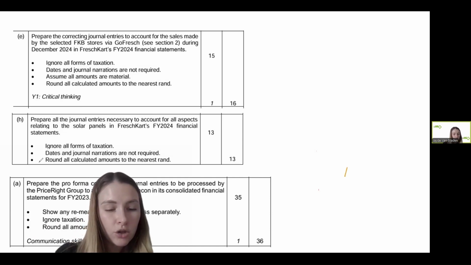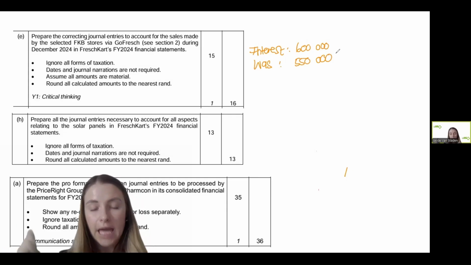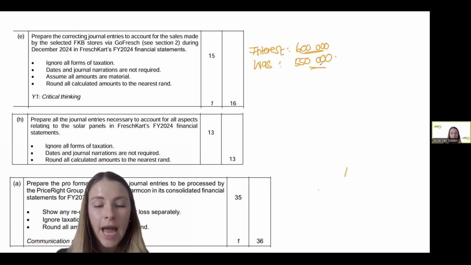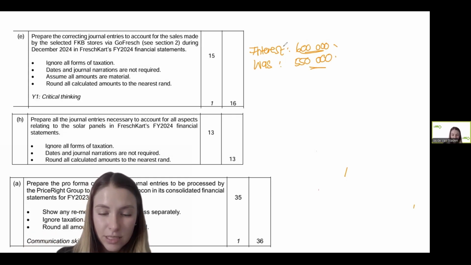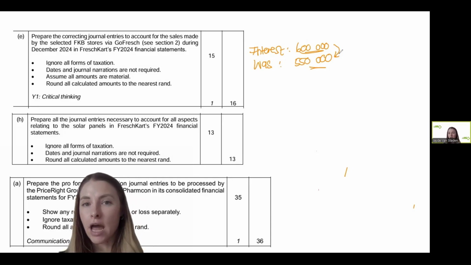So let's say you worked out that the interest expense that should have been processed was 600,000. However, the interest expense that was processed was only 550,000. Okay, you are not now going to go and reverse this and process this.